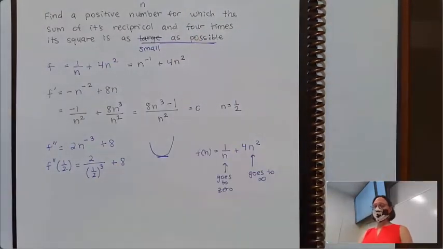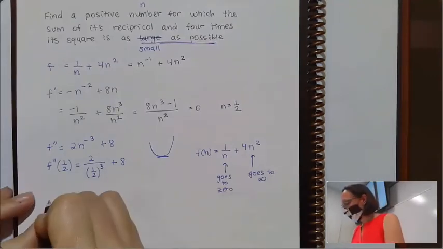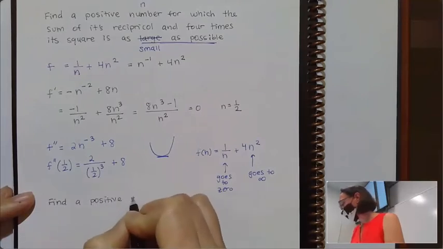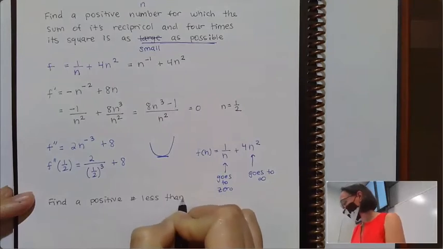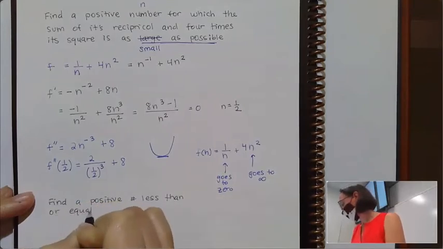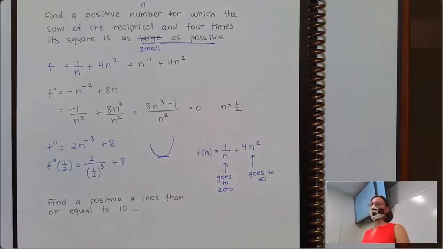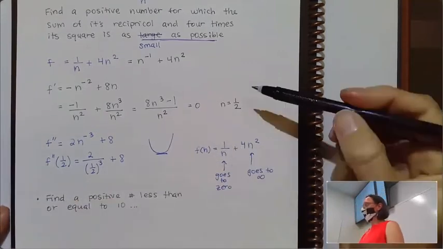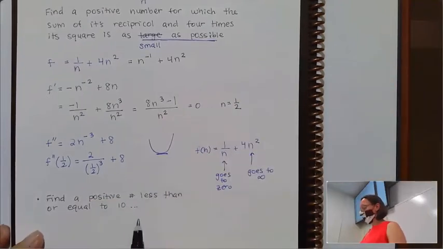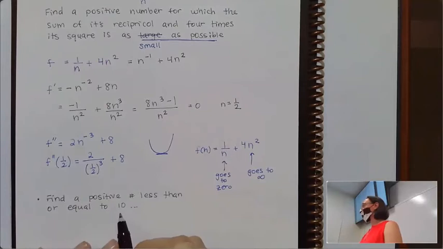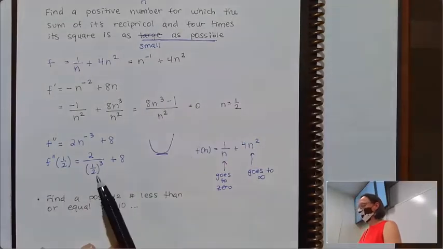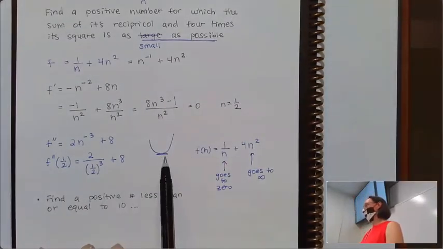So like on this problem, if this had said, find a positive number less than or equal to 10, and all of that same information, then getting the answer that we just got would mean that the number that we should use is 10, not the thing that we just found, because the thing that we just found was actually a minimum, not a maximum.